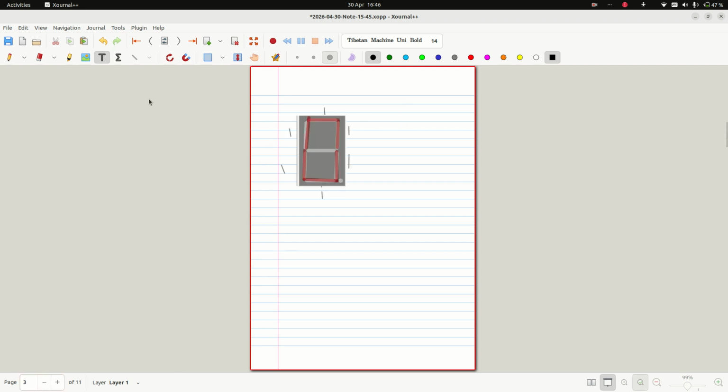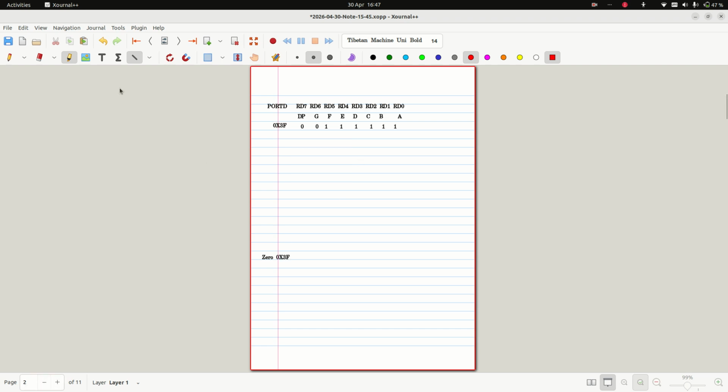Similarly, we need to write for 1. So for 1 what we need to do? Here we need to consider this particular segment high and this one, means B and C are high. So this one 0 and this one also 0, so 0, 0, 0, 1, 1, 0. 0, 0, 0, 0 means that is 0 only, right?